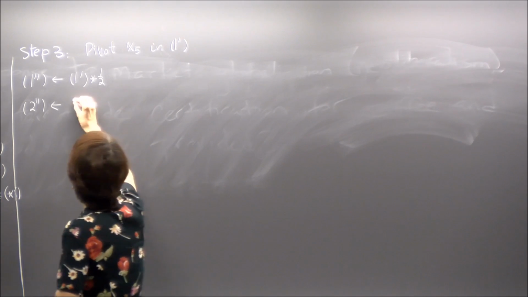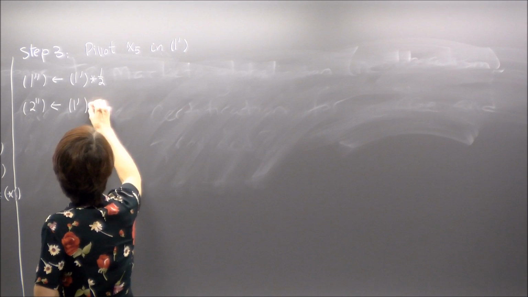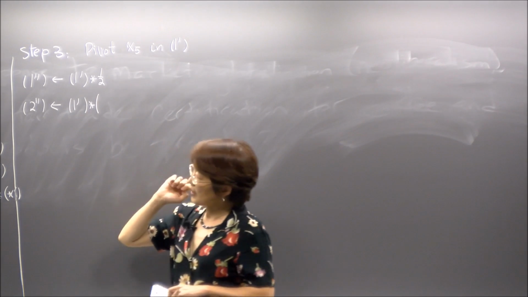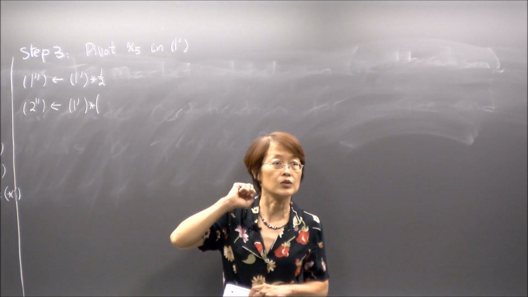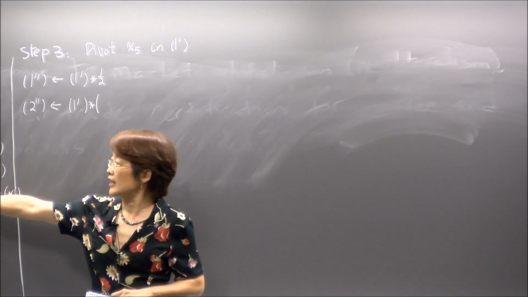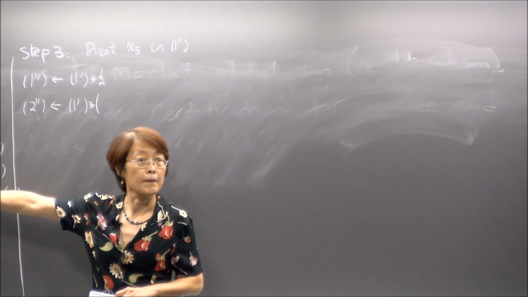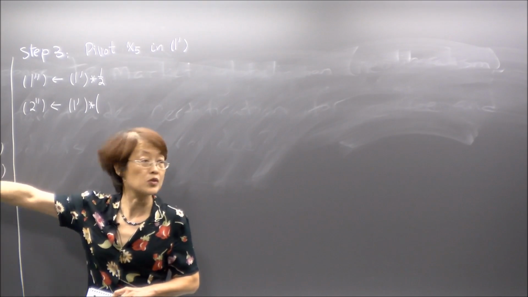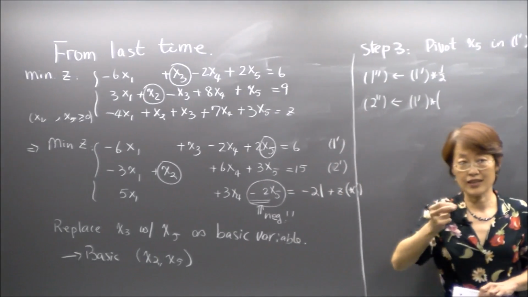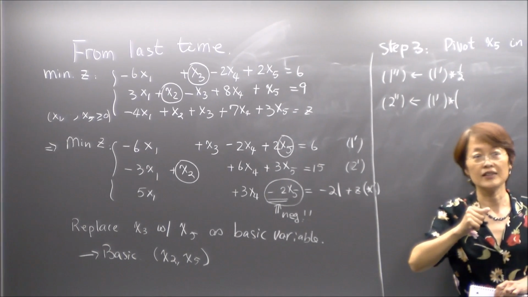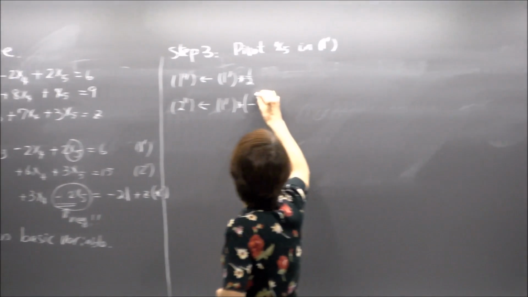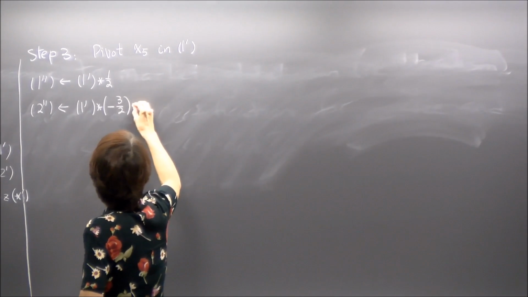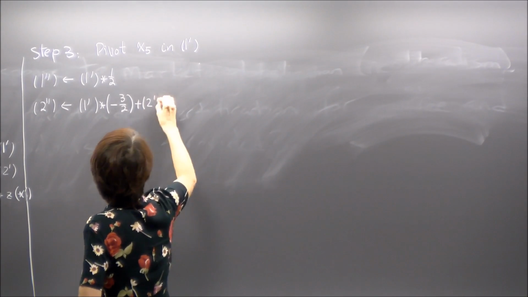So I need to take equation 1, multiply with, what should I multiply with to add on top of equation 2 to cancel x5? Wouldn't it be just the ratio between those two coefficients? And then take the opposite sign? Is that right? So negative 3 over 2, and then add on top of equation 2.